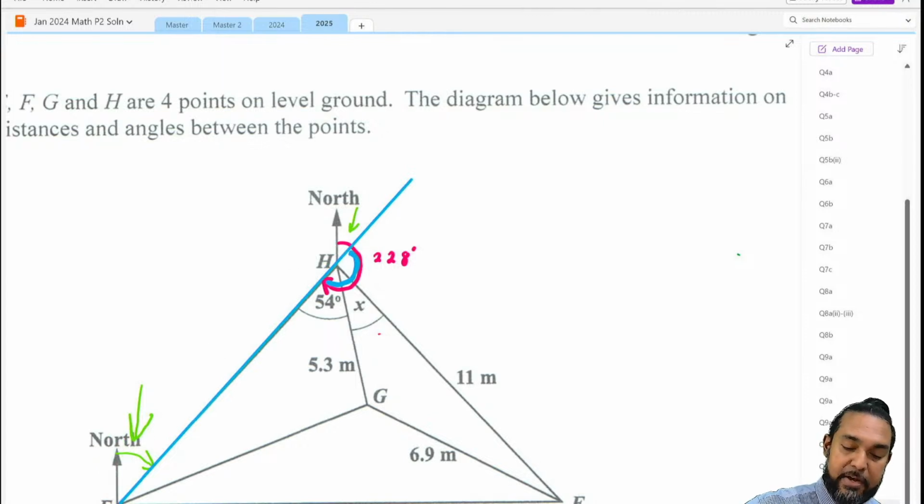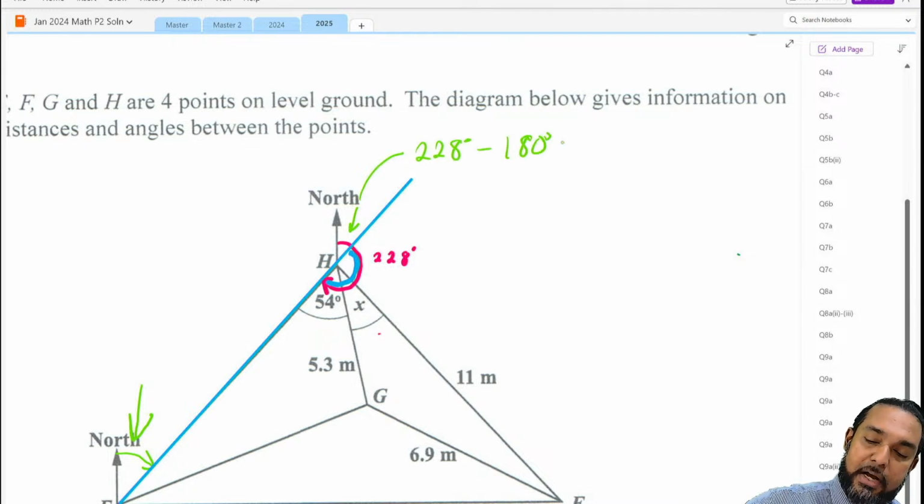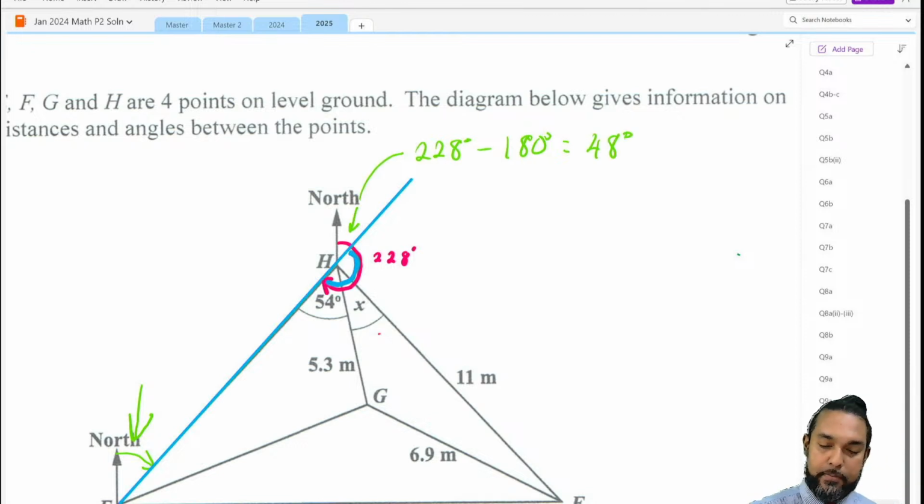In this case we have F angles, right? So that angle there is simply 228, the whole pink angle, minus the blue, which is 180, the angle on a straight line, and that's equal to 48 degrees.